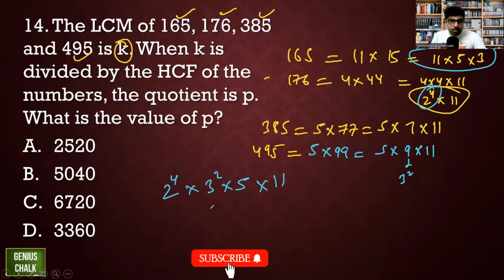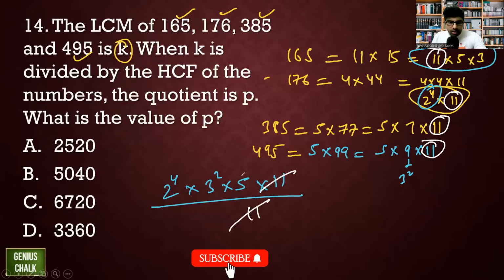This is my LCM. Now when K, this is my LCM, is divided by the HCF of the numbers, can you tell what is the HCF? Yes, we can identify the HCF. See, 11 is everywhere.